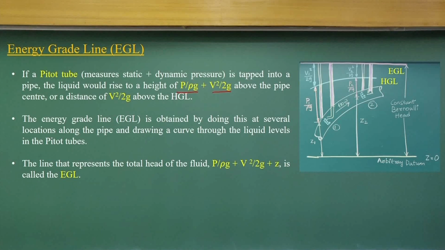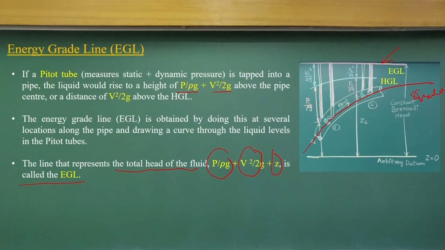That is what we draw as the energy gradient line, which represents the total head of the fluid: flow energy, kinetic energy and potential energy. Whenever we draw a streamline, we can compute the energy gradient line and hydraulic gradient line. Again, energy gradient line should have some slope, so then there will be flow.